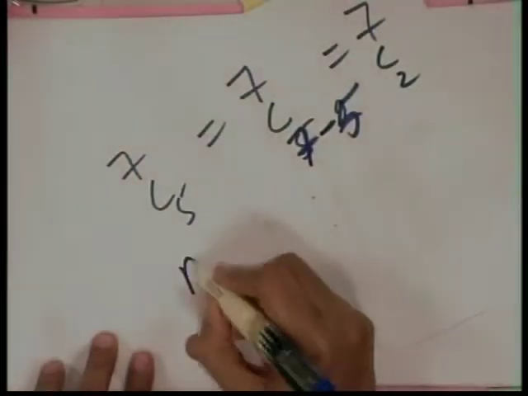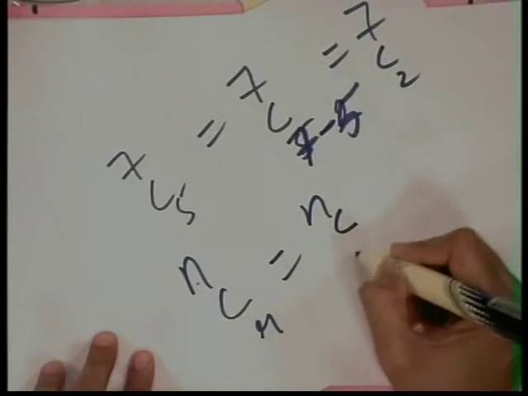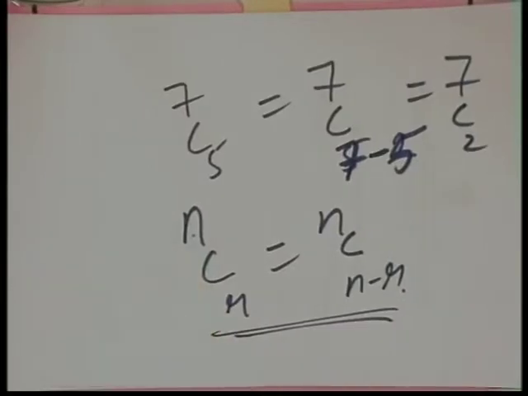In general మీరు రాయాలంటే nCr is same as nC(n minus r). అంటే మనకి ఇచ్చిన న్యూమరిక్ ప్రాబ్లంలో ఎలా తీసుకుంటే సింప్లిఫైడ్గా ఉంటుందో దాన్ని బట్టి మనం తీసుకోవచ్చండి. సో ఇక్కడ 7C5 ఈక్వల్ టు 7C2.